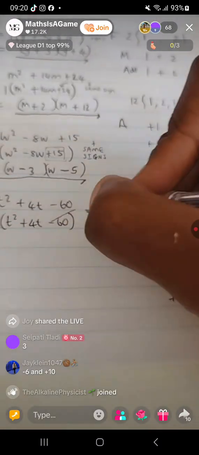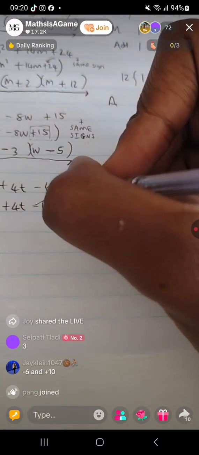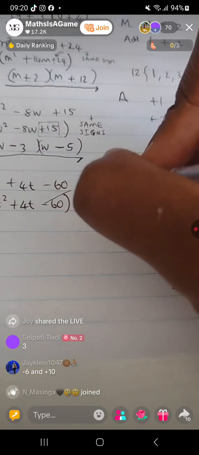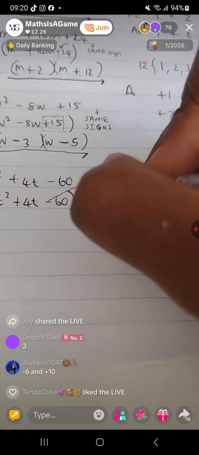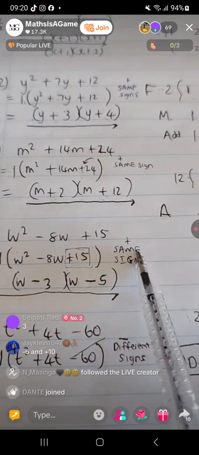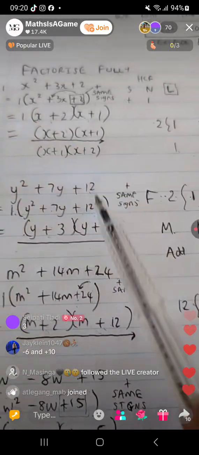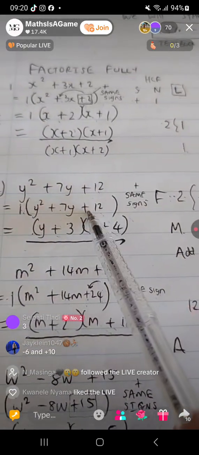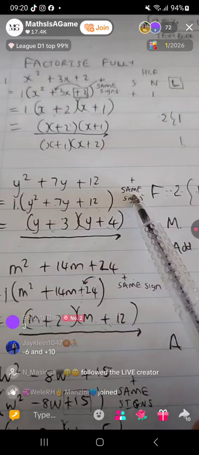What does negative mean? Negative does not mean same signs. It means different signs. Guys, in all the problems we had done before, the last term was positive, and we always said what?